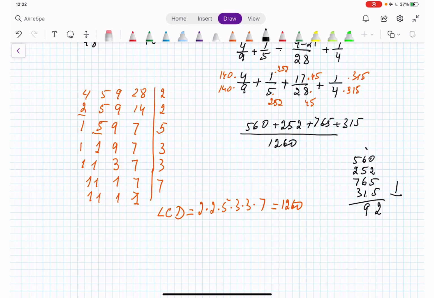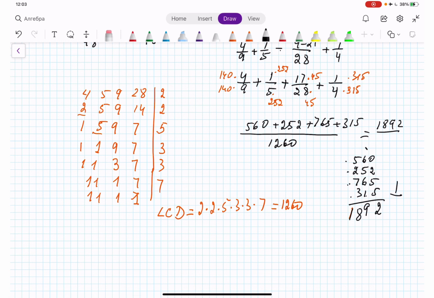Still 1 in mind. 7 plus 7 is 14, plus 3 is 17, and 1 is 18. See? Instead of 28. Oops. 7, 14, 17, 18.